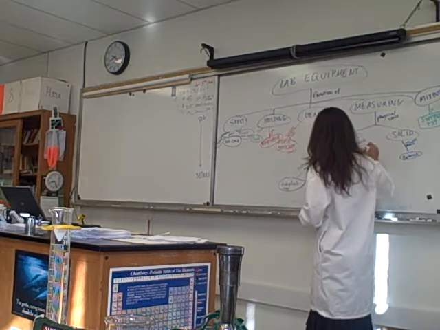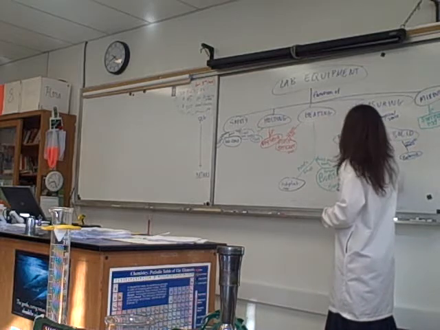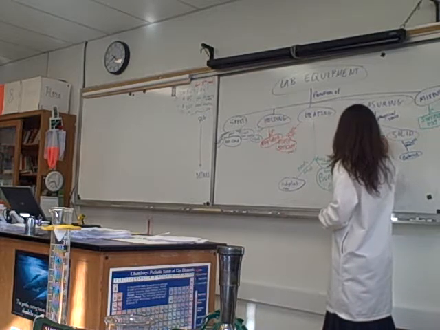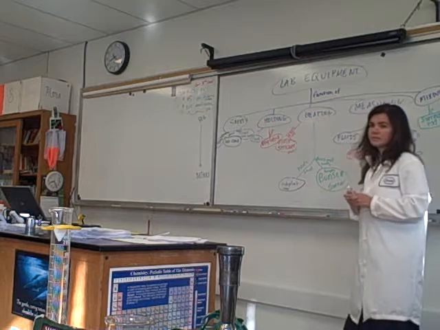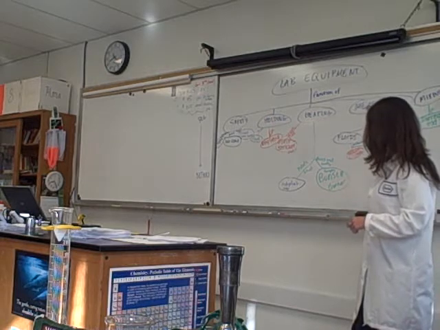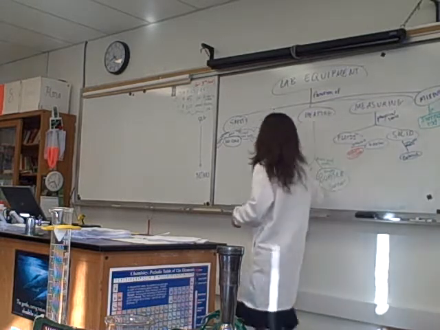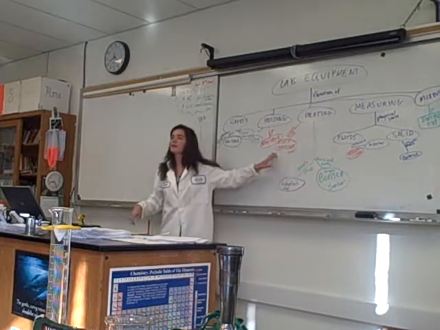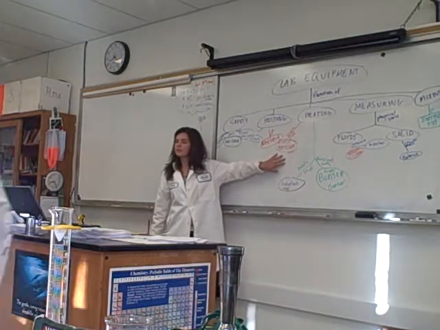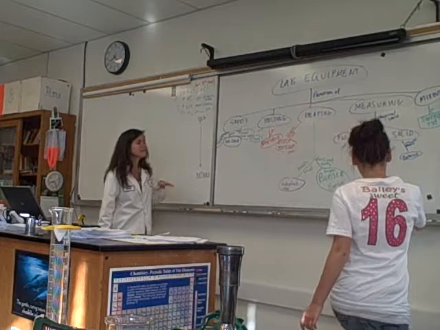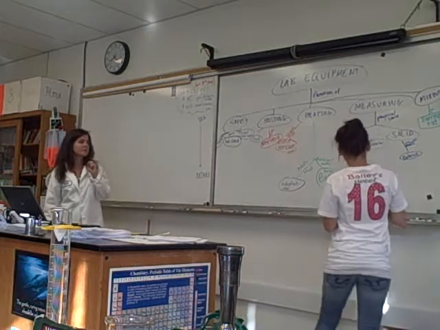Graduated cylinder and beaker. And then Tully, why don't you come add thermometer? So this burns and heats, this just heats. And then, Amelia, could you put flint striker underneath Bunsen burner for me? Since it's specific to just the Bunsen burner.